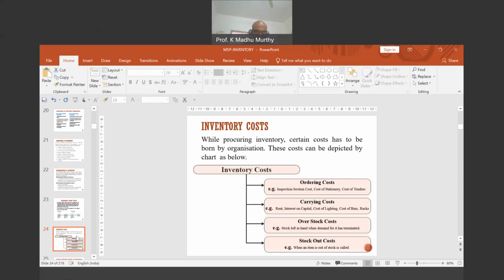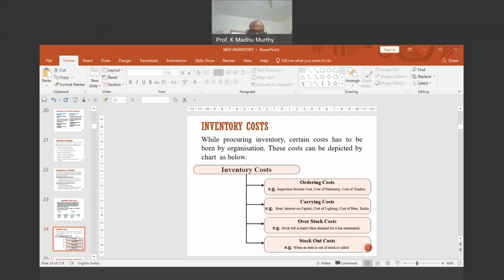Then coming to the carrying costs. Carrying costs, as we have said, are also termed as holding cost, which includes the cost for storage facilities, handling facilities, insurance, pilferage, obsolescence, taxation that we are likely to incur, depreciation on the materials.